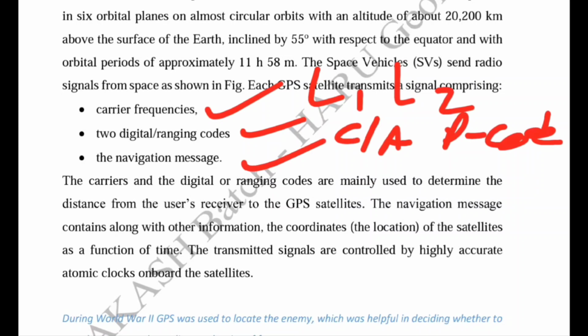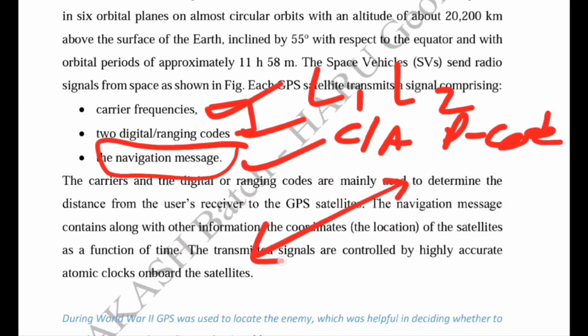This navigational message consists of the coordinate information about the satellites, which is required for our position calculation. The carrier frequencies and ranging codes have time information and the speed of the transmitted signal. So we can easily calculate the distance between the GPS receiver and the satellites.